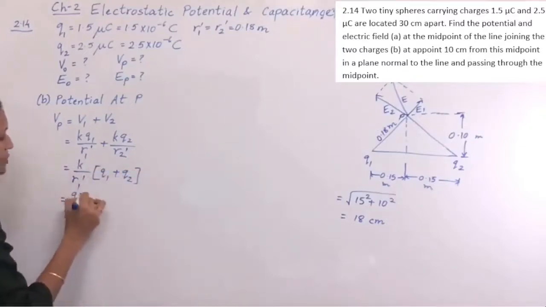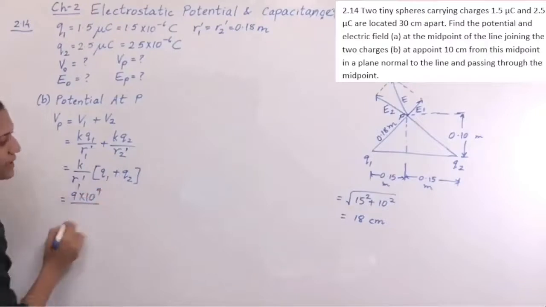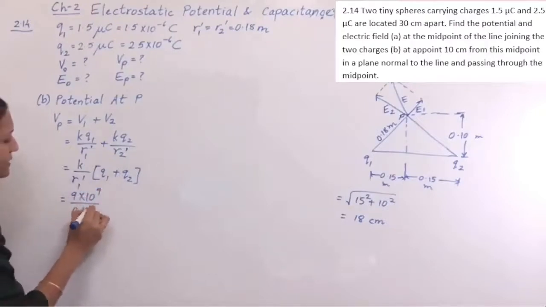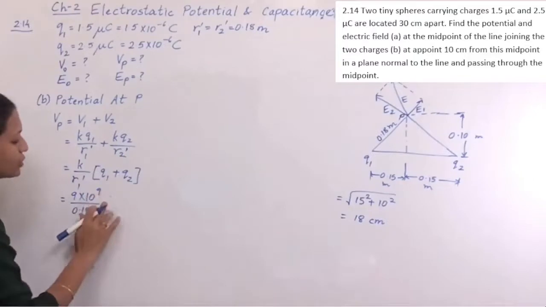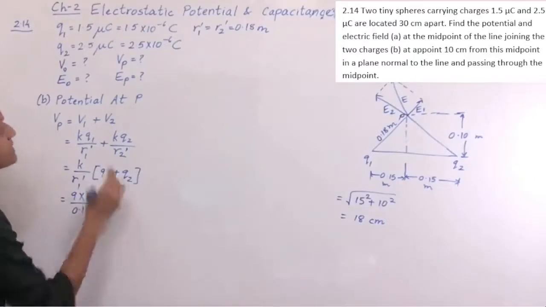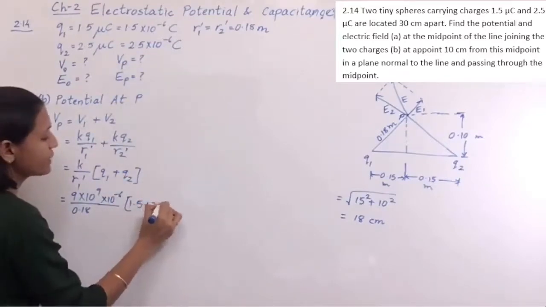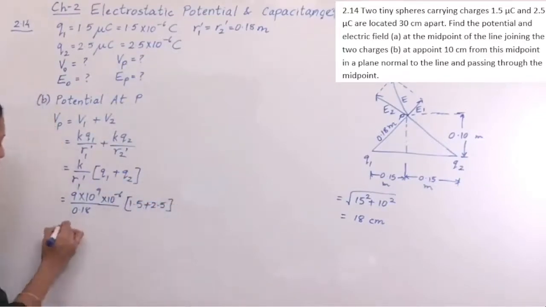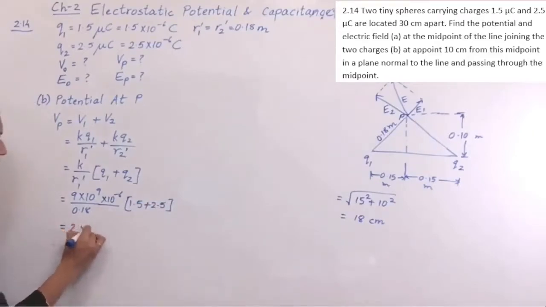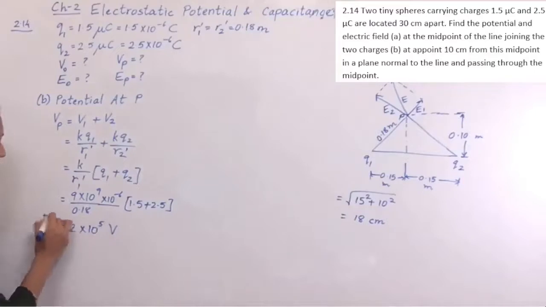K is 9 into 10 raised to 9, R1 is 0.18, Q1 and Q2 are 1.5 and 2.5, 10 raised to minus 6 microcoulomb taken out as common, 1.5 plus 2.5, so 2 into 10 raised to 5 volt, Vp.